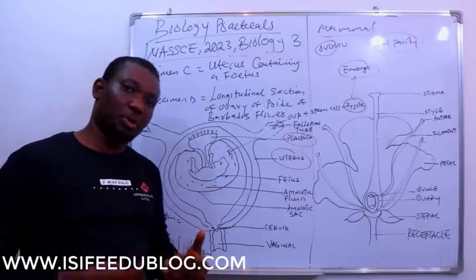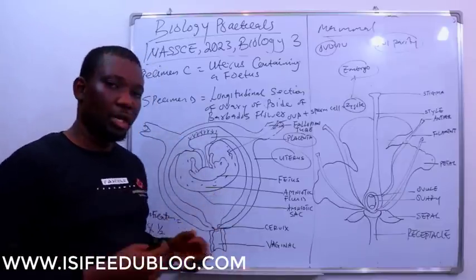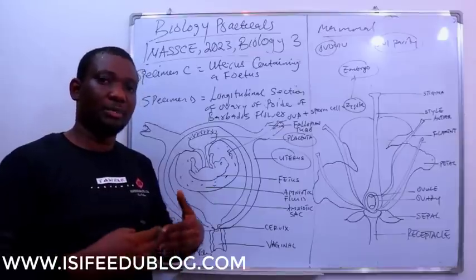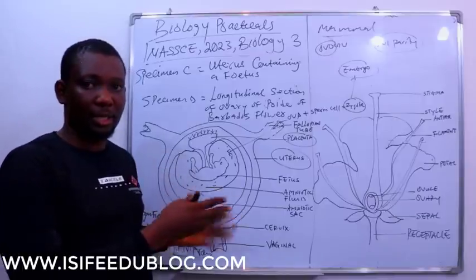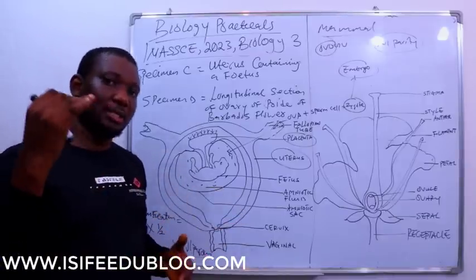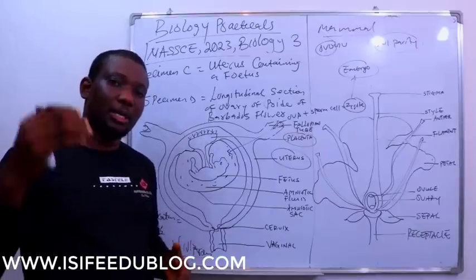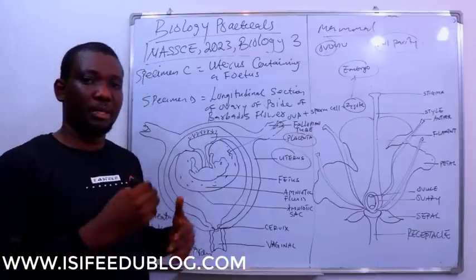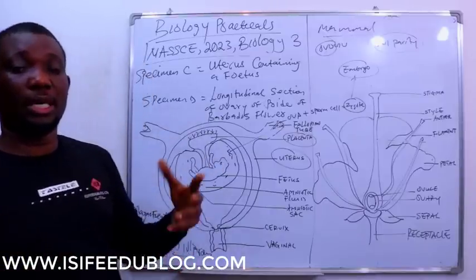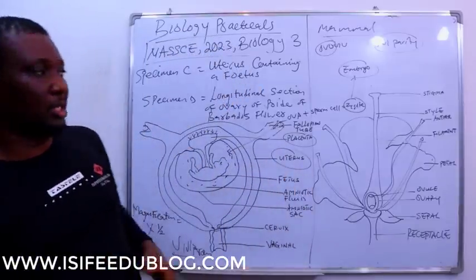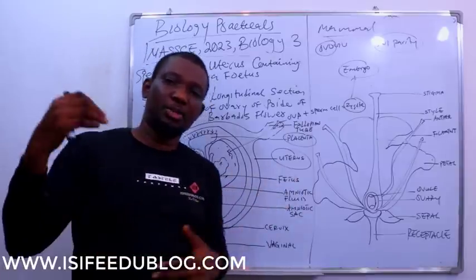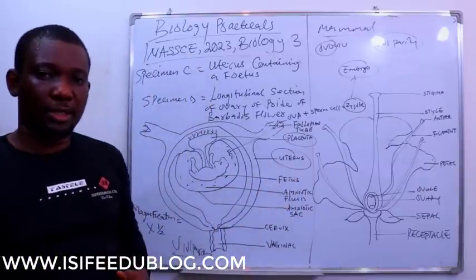Even compared to the number of organisms that this produces, you can't compare it with that of birds. So birds produce more organisms than any class of mammal. So you now see that there is a reduction in the number of offspring produced by this class of organisms. In case you're asked to arrange this in order of increasing or decreasing number of organisms produced by specimen A, B, and C.